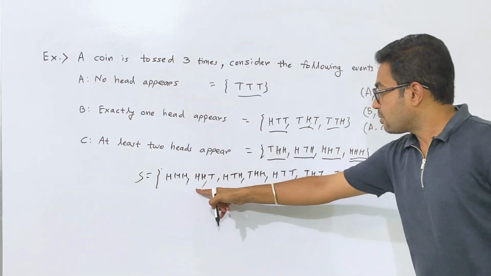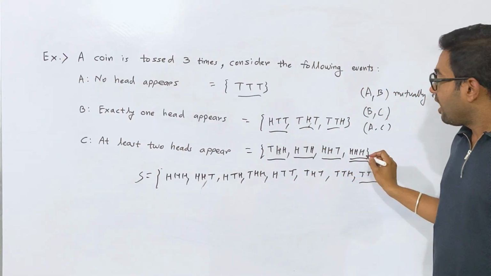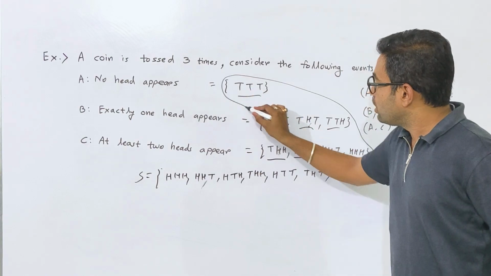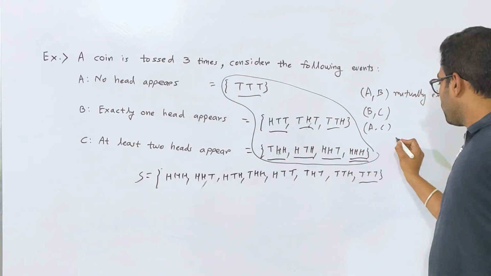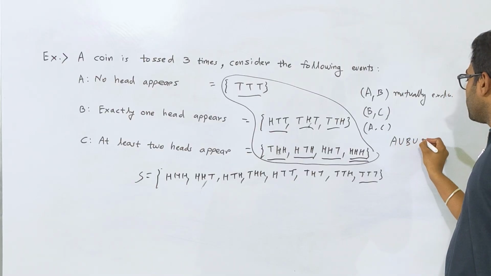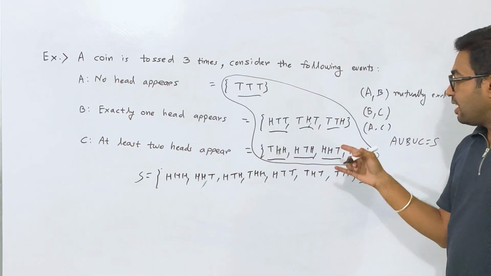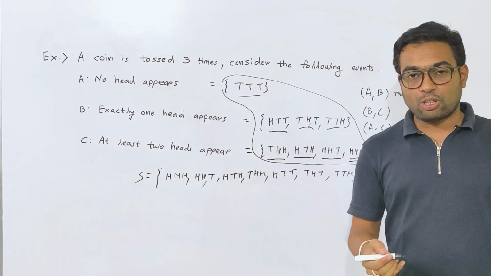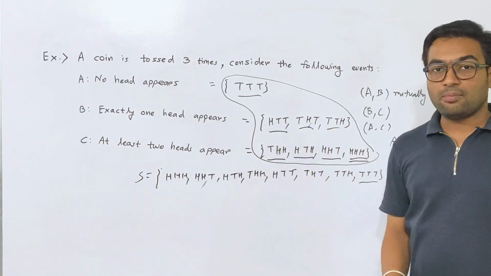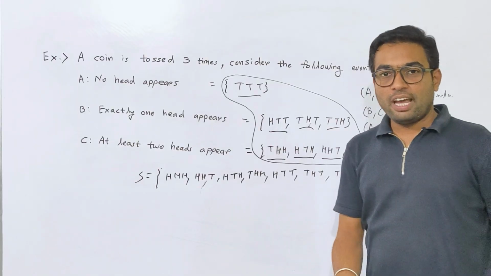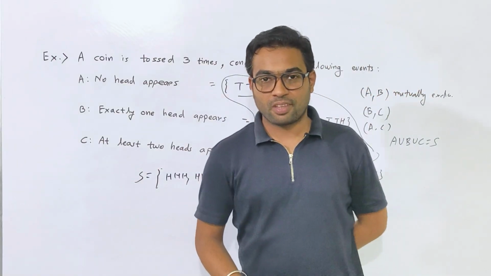So all the elements in the sample space are covered in the union of the 3 events A, B and C. So A union B union C is S, meaning A, B, C are exhaustive events. So I can say A, B, C are mutually exclusive and also exhaustive.